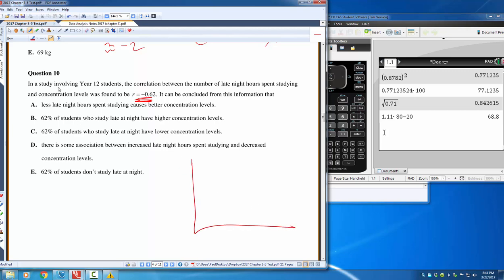Okay, let's have a look at the graph. So what we've got is a correlation between the number of late night hours spent studying and concentration levels. Okay, so what we've got here is hours studying and concentration levels. And we've got a negative relationship here.